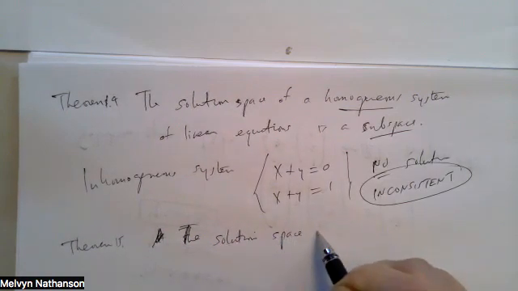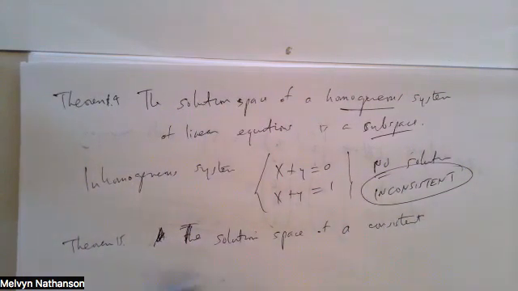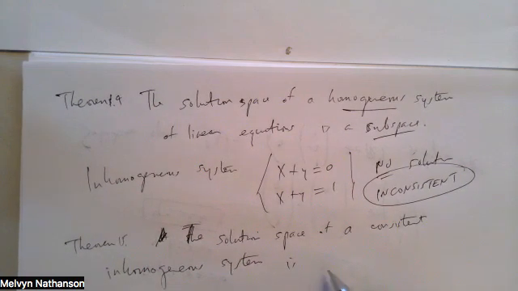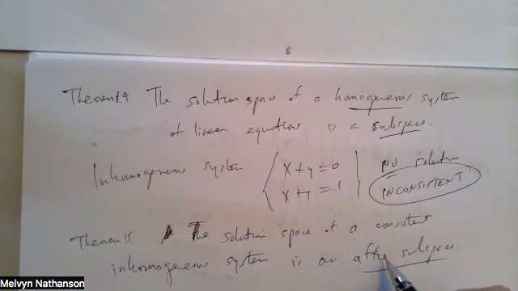the solution space of a consistent inhomogeneous system is an affine subspace. It's a translate, affine, A-F-F-I-N-E. It's a translate of a vector subspace, an ordinary subspace of Rn. So this is exactly what we saw for one equation.